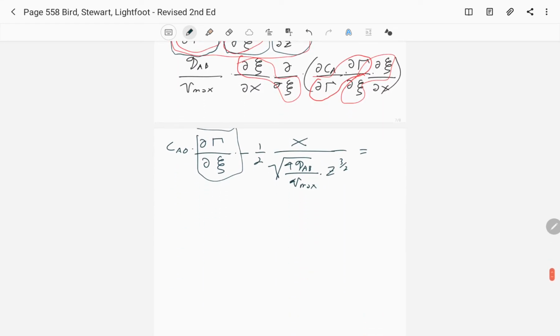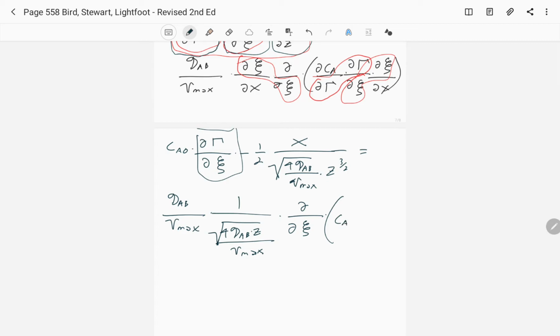Okay, and we keep on continuing: your DAB divided by Vmax, 1 over 4 DAB z divided by Vmax, del per del eta, Ca naught, this one is multiplied by 1 over 4 DAB z divided by Vmax.